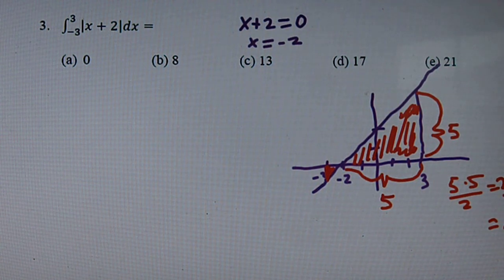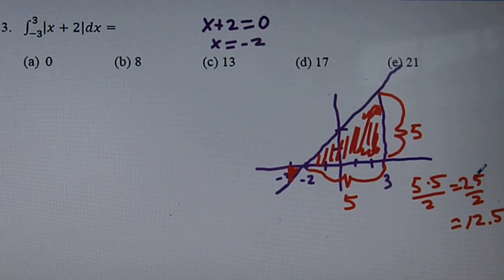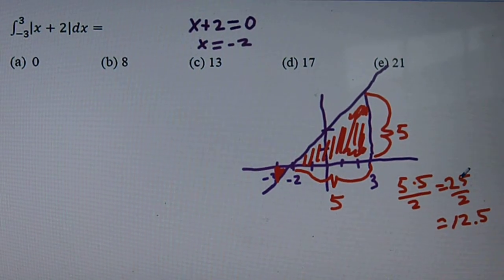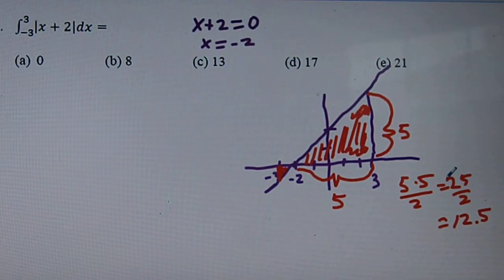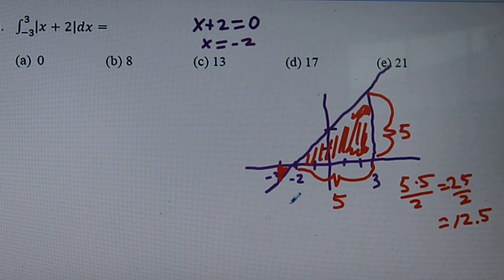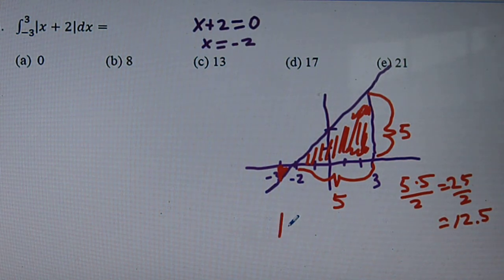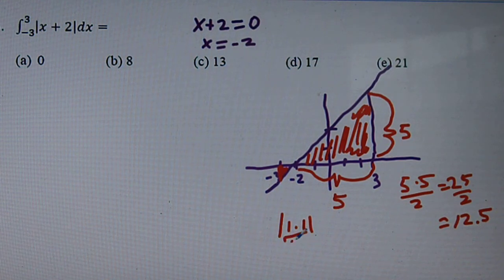So that's the area of the big triangle. And for the little triangle we have 1 by 1 divided by 2, which is 1/2. So you're going to have 12.5 plus 1/2, which is going to be 13.